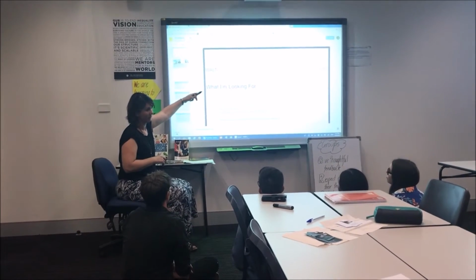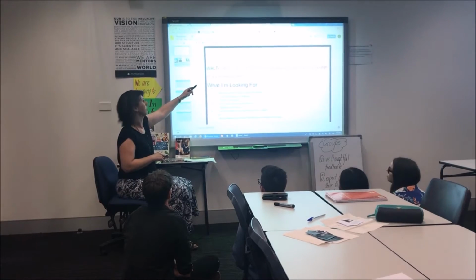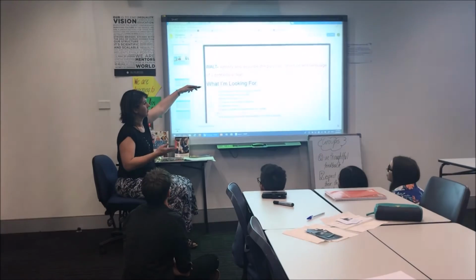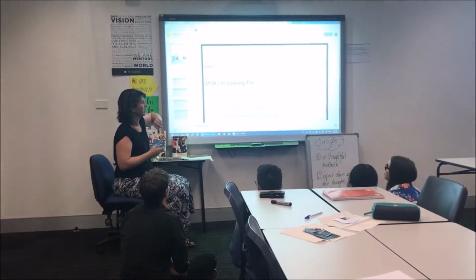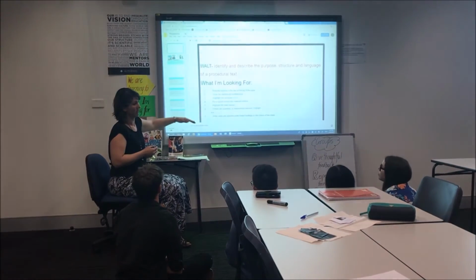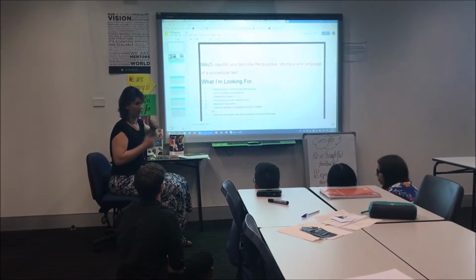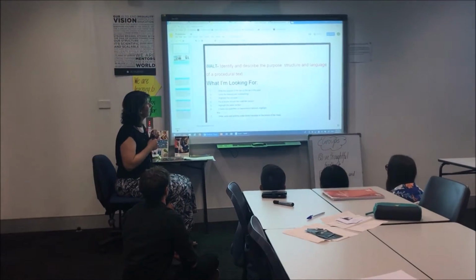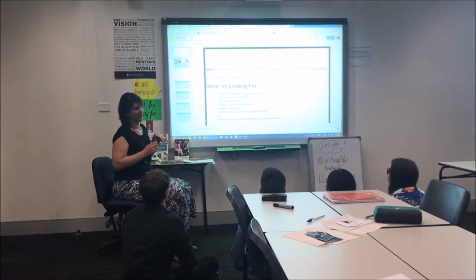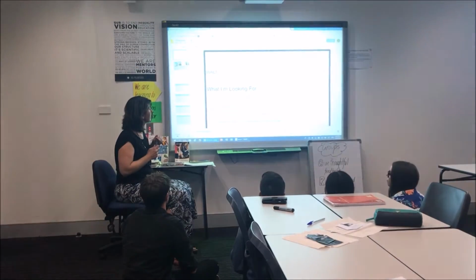Is it informative? Is it imaginative? Or is it, what's the third type? Persuasive. Persuasive, great. And we're going to look at the structure, so how it's set out. Does anyone understand that? Thumbs up if you understand. Great, okay. And we're also going to look a little bit at the language of procedural text.